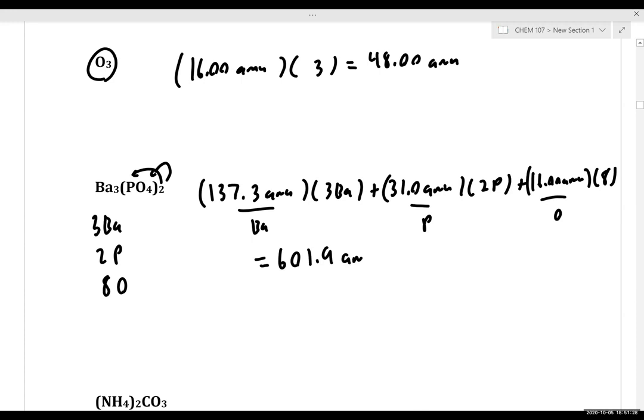601.9 AMU per molecule of barium phosphate. Does this make sense to everyone so far? Notice how we're applying the skill that we learned last class session.